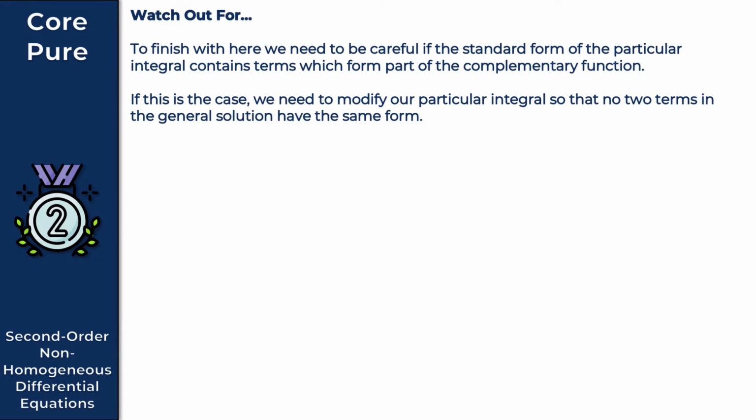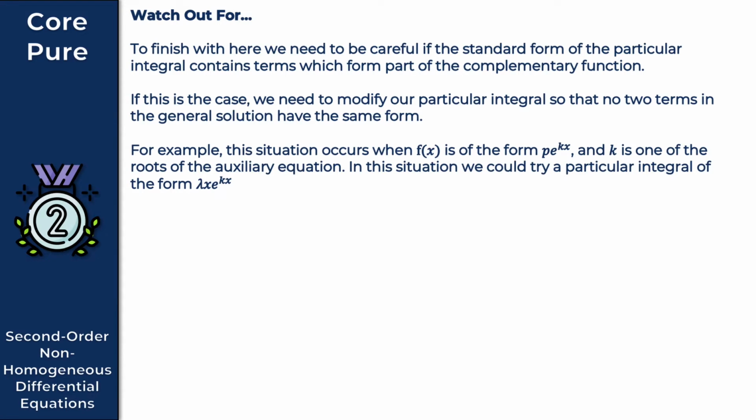If this is the case, we need to modify our particular integral so that no two terms in the general solution have the same form. For example, this situation occurs when f of x is of the form p e to the kx and k is one of the roots of the auxiliary equation. In this situation, we could try a particular integral of the form lambda x e to the kx.